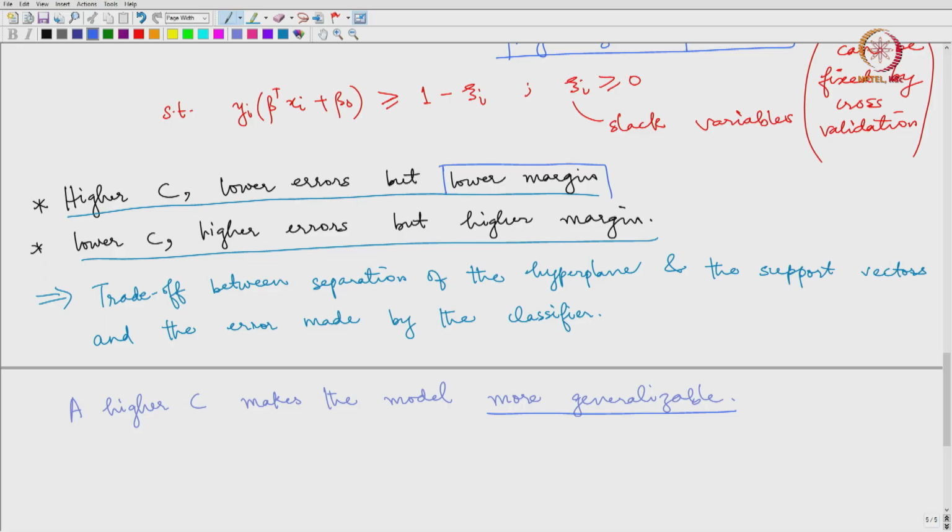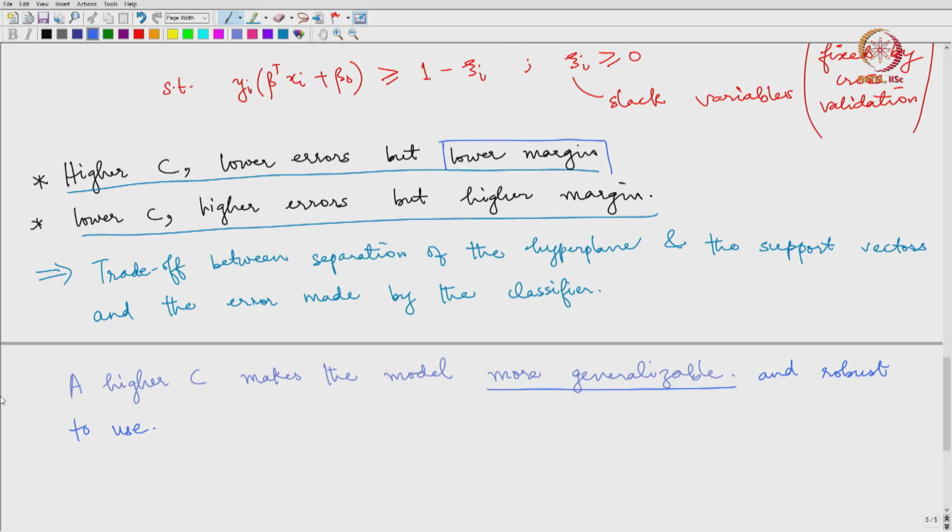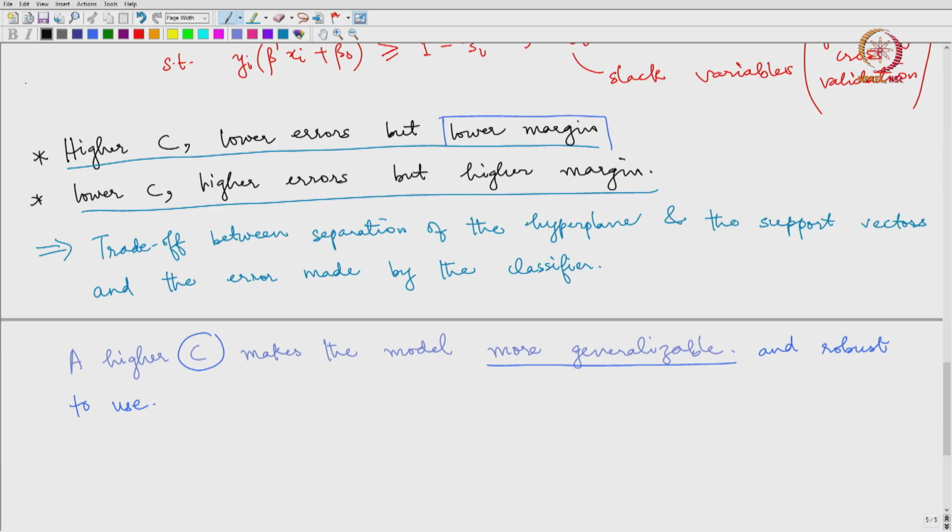So, it is not overfit, and therefore, the model is more generalizable and robust to use. Of course, only a cross validation strategy will tell you how high of a C you should take. Should C be 1, should it be 0.1, because that will also depend on the values that the target variable can take, but you see how it can be adjusted.